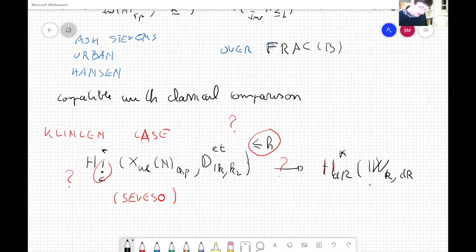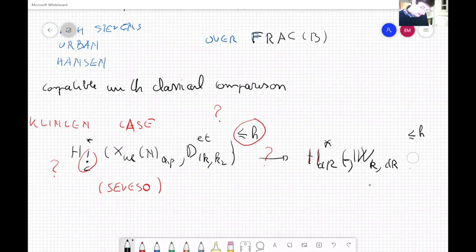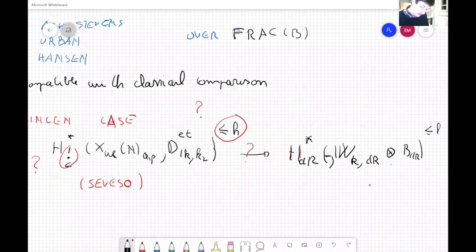Okay, here the space where we are is this X Klingen less or equal to 1 that we had before. And we would like to take the less or equal part. And maybe here we are tensoring with the de Rham. So here I should make sense of what it means to take a small slope part of this.